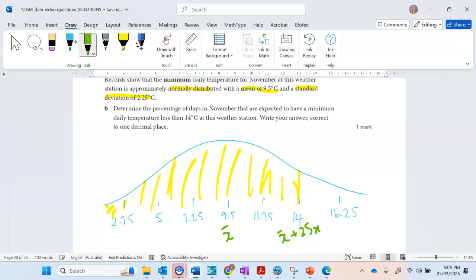So knowing my percentages, this is going to be 2.5%. All right, so you can refer back to your notes for that. Oh, is that all we have to do? Just 2.5, because it's asking for the percentage of days. So 2.5% of those days are going to be less than 14 degrees.